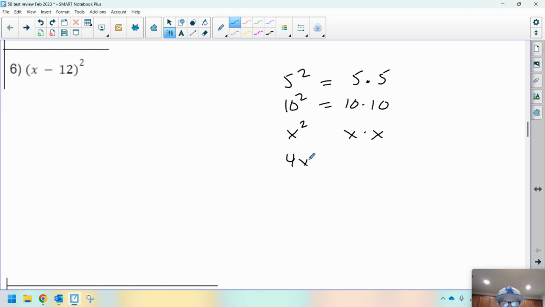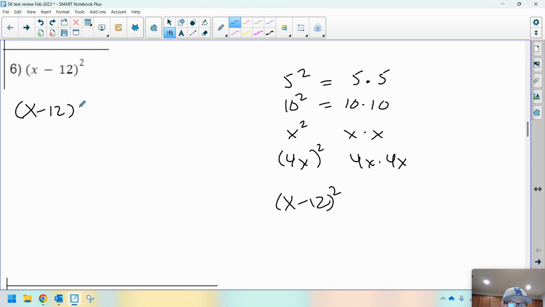If you had 4x squared, the whole thing would be 4x times 4x. If you had x minus 12 squared, which is what we have here, you're going to do x minus 12 times the same thing, x minus 12. When you square something, you times it by itself.